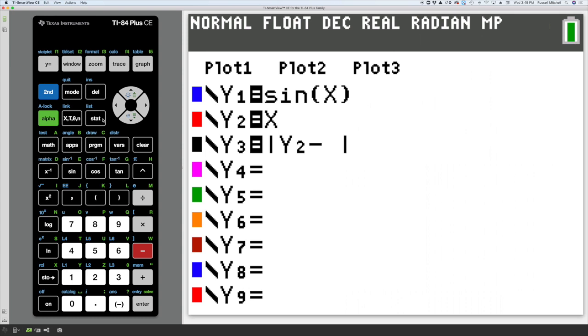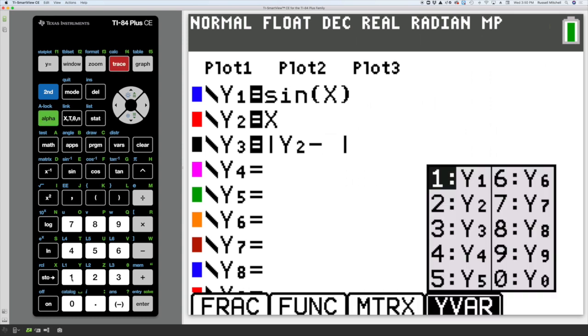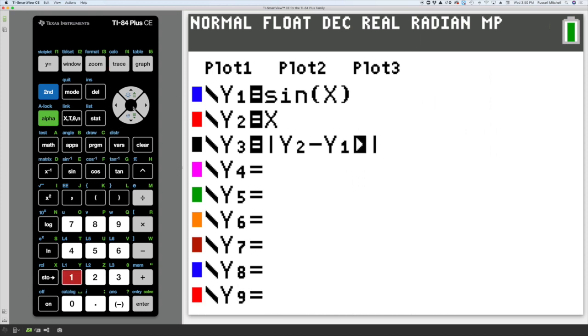You could type in sin x here, or you could type in y sub 1. So I'm going to type y sub 1. And then I'm going to turn these off. You go on top of the equals and press enter so the equals isn't highlighted, and those won't be graphed. So we're going to find the difference between the actual function and the Taylor polynomial, between negative pi and pi, because that's our x min to our x max. Let's take a look at the graph of this.